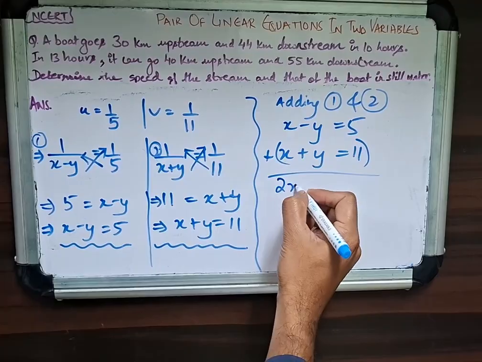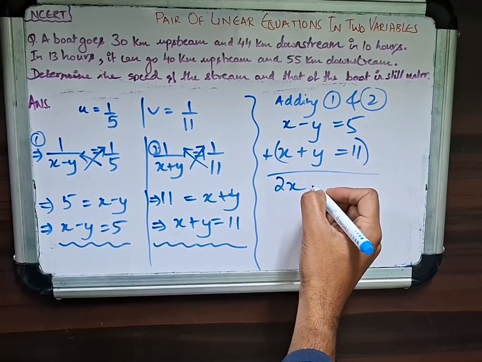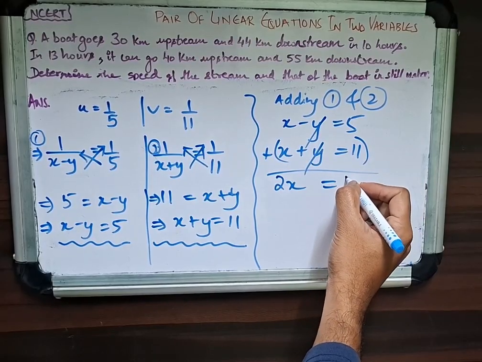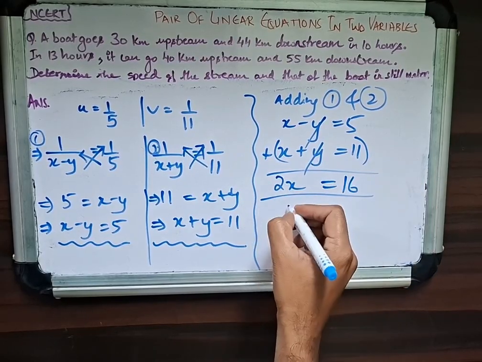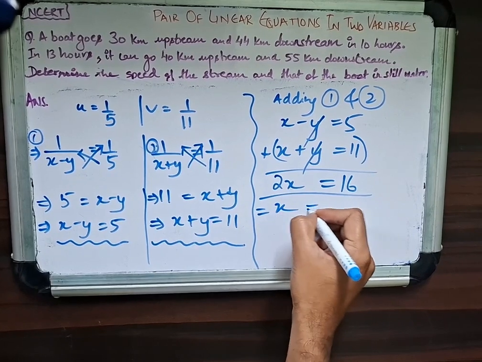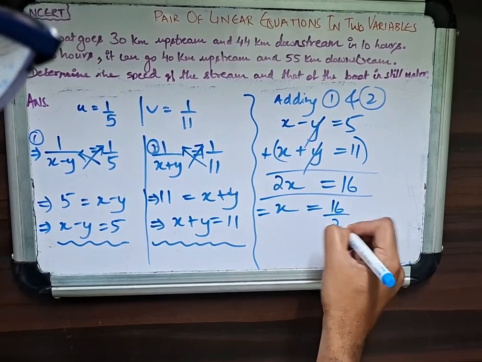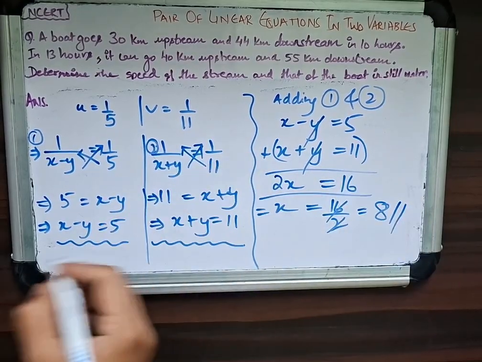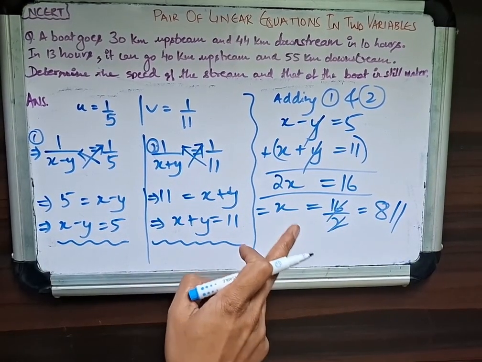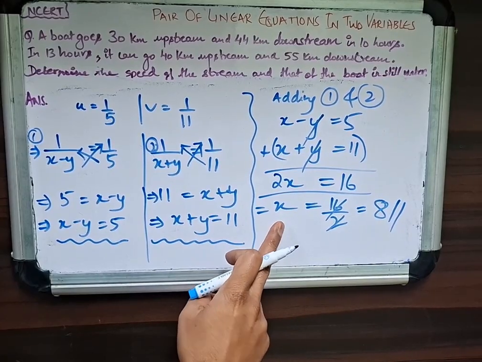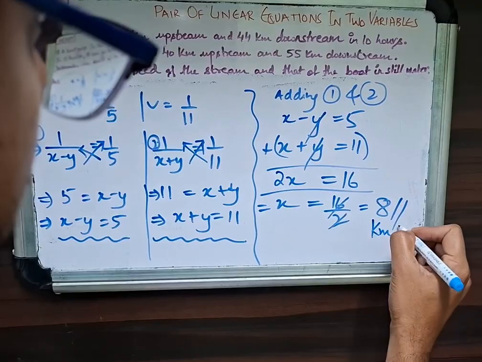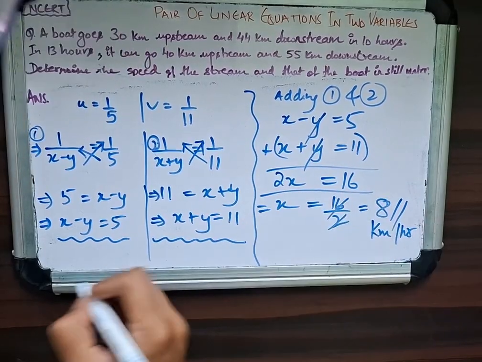So you have 2x, minus y and plus y cancel out, is equal to 5 plus 11, which is equal to 16. That implies x is equal to 16 upon 2. So you have your first answer. The speed of the boat in still water is 8 kilometers per hour.